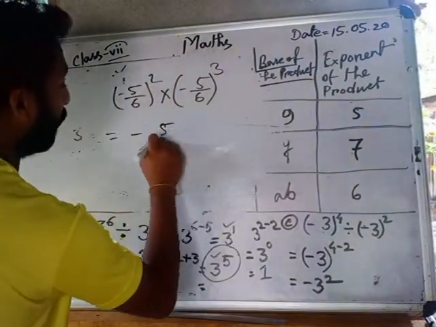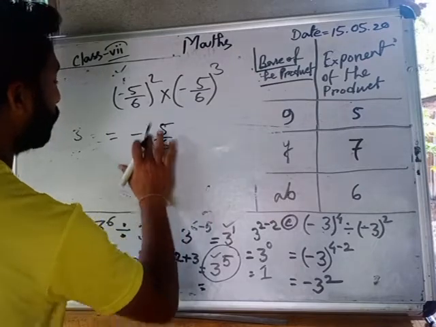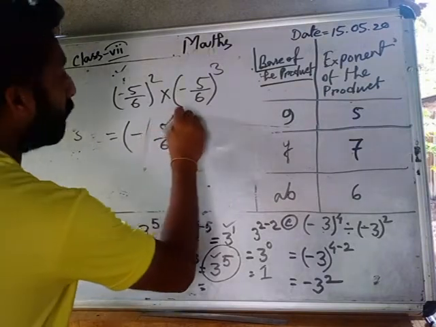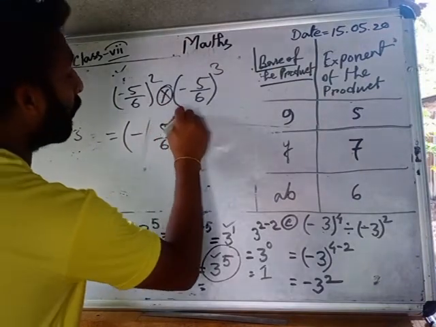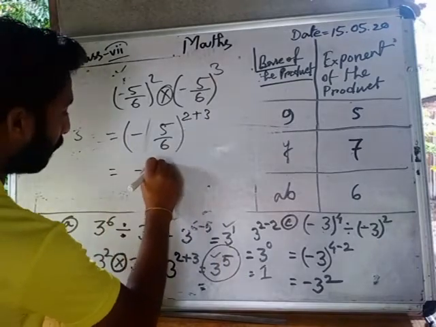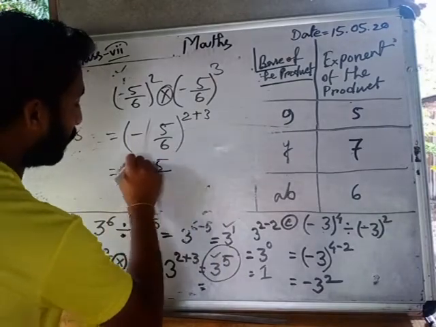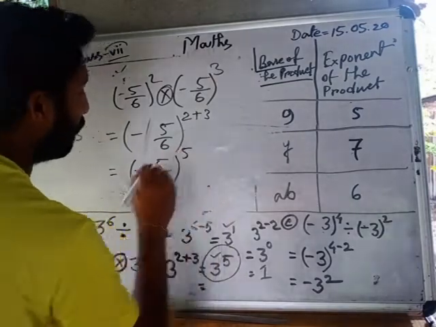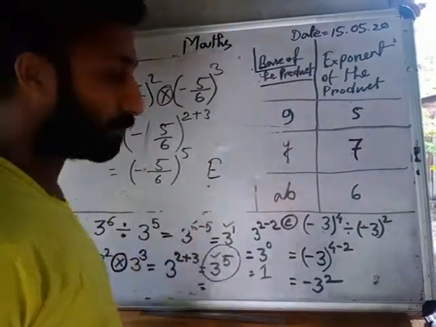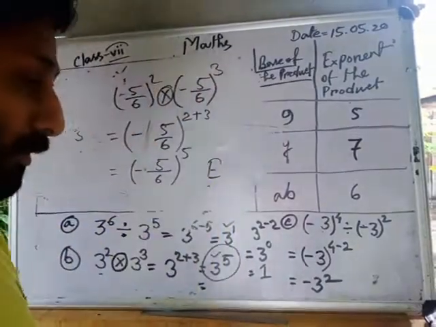We should write 5/6 within a bracket. If we multiply, we add the exponents. So minus 5/6 will have exponent 5. You understand? This is the exponential form. So you should do it properly.